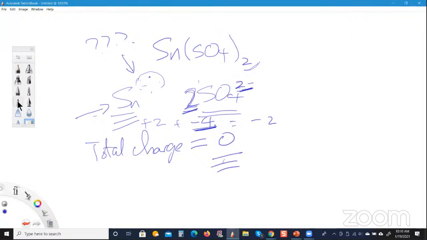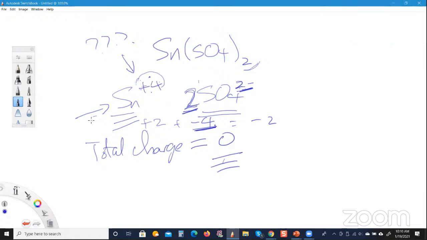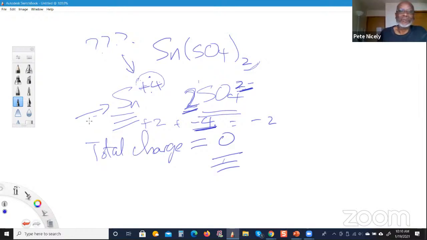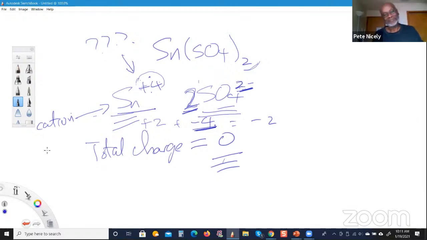Wait, what do you mean the name? Isn't it just tin? No. Are you talking about the binary? Right. No, according to the rules that we discussed in terms of naming ionic compounds, you have to name the cation first, then you name the anion, right? This is a cation, right? Yes. 4+. So what's the name, the actual name? It's tin something. Tin what?